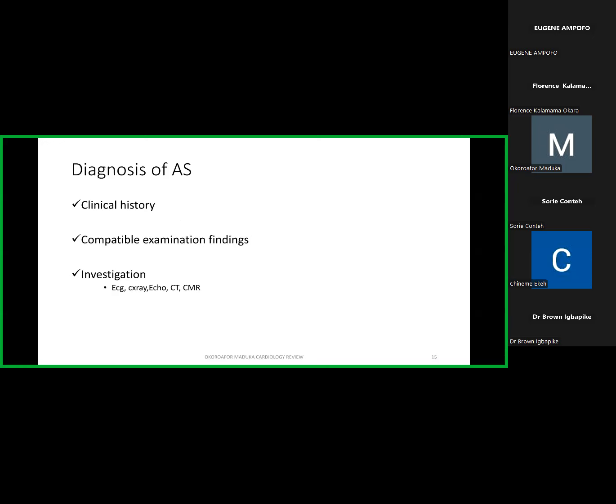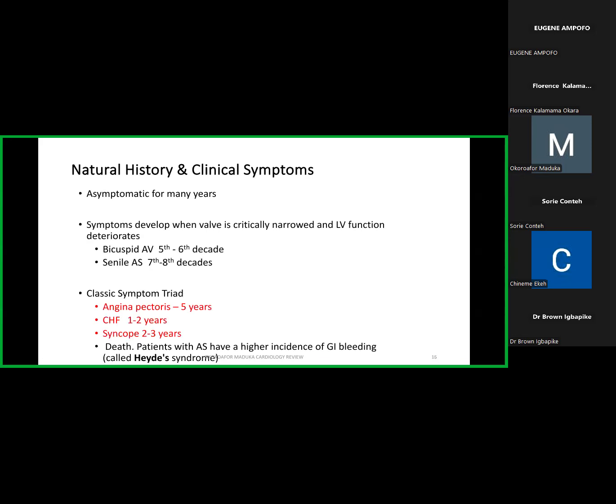For the diagnosis of aortic stenosis, we have to go through the clinical history, examine the patient, and some investigations will also be required. Aortic stenosis could largely be asymptomatic.